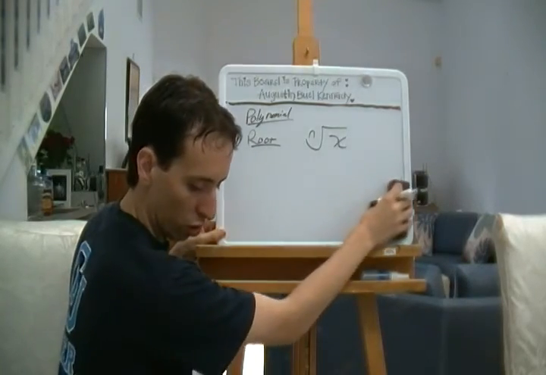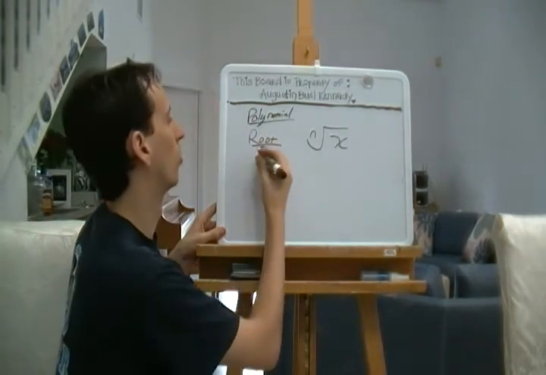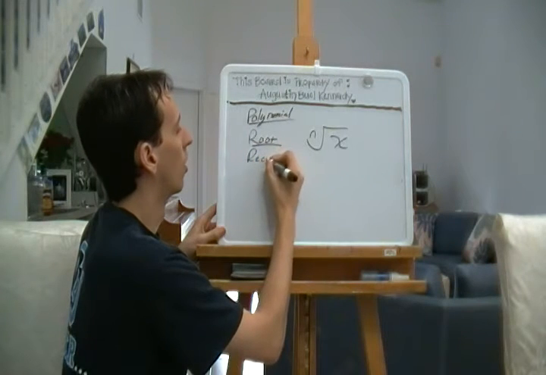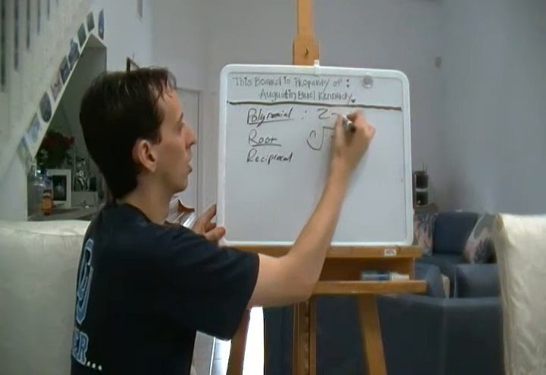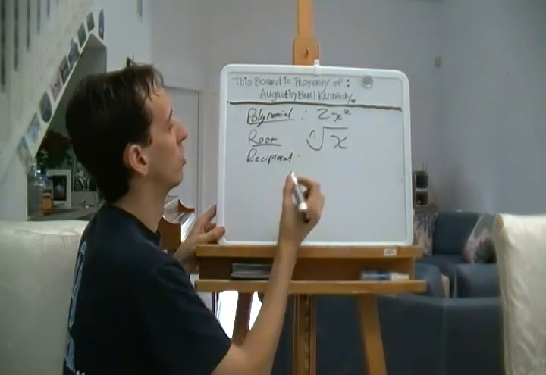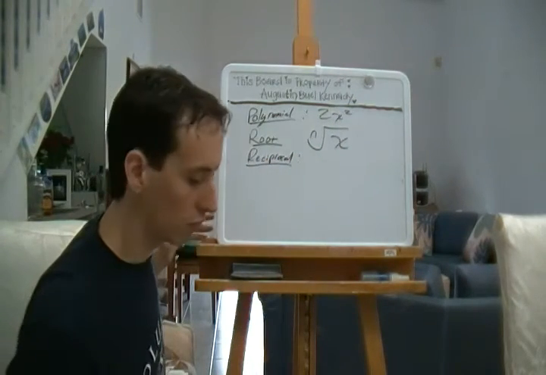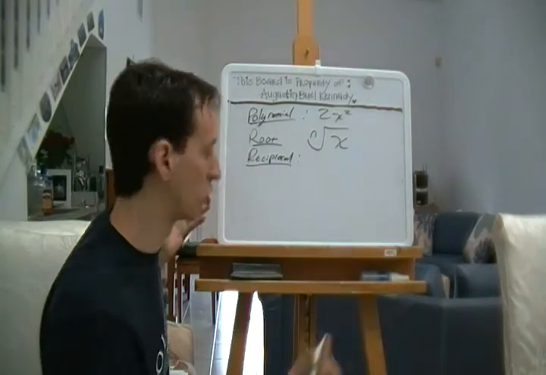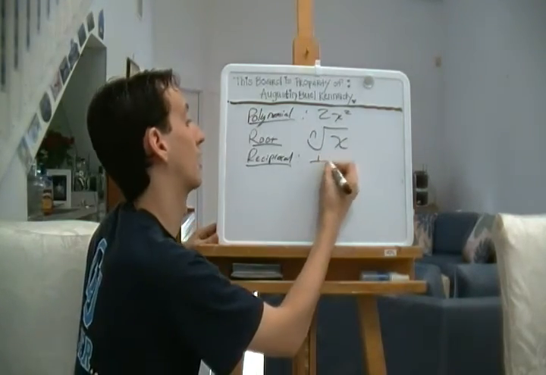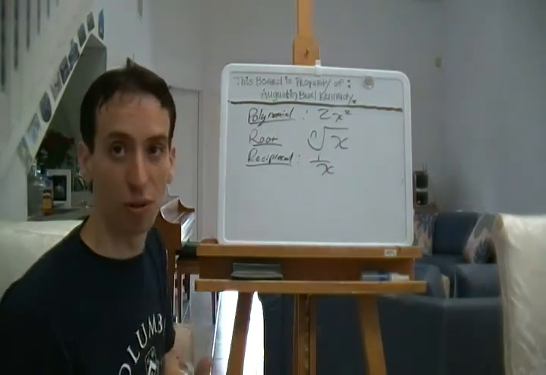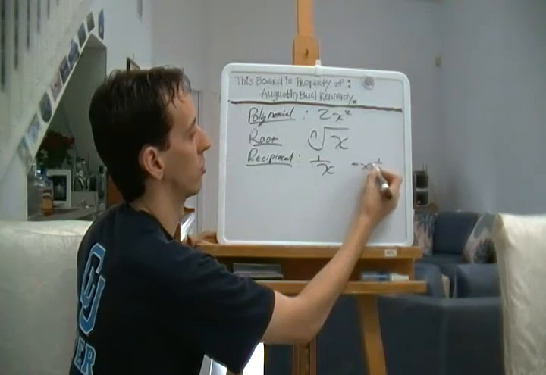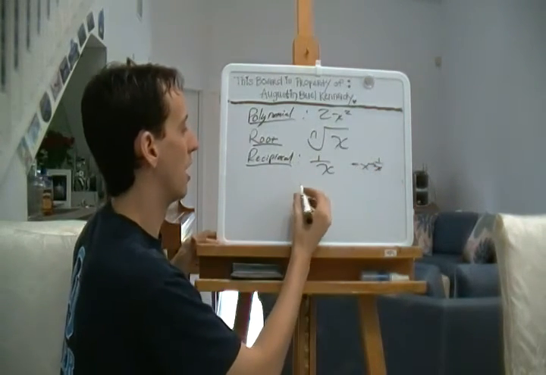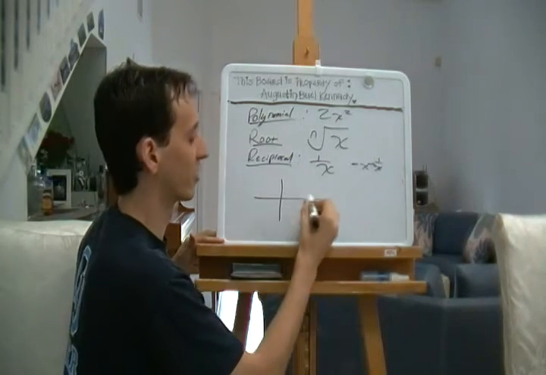We're also going to look at a fair amount of reciprocal functions. You've probably seen this before. A reciprocal function, the most basic example here, is 1 over x, because it's the reciprocal of x. And if you remember, this looks kind of cool.